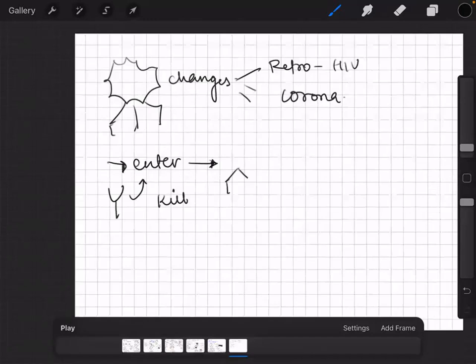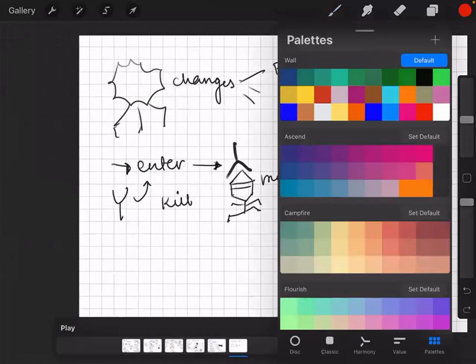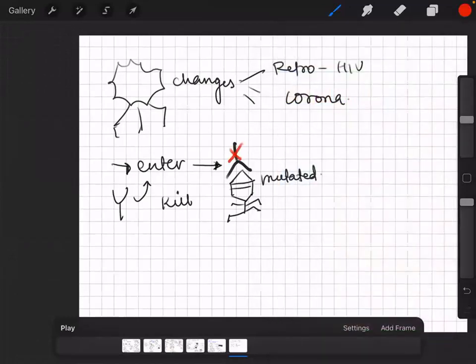And during that entire encounter, your body misses that other virus which also entered with it but was mutated. Because this was a mutated virus, tumhari body ke paas iska specific antibody nahi tha. So your body will kill the first type and the second type will escape because you did not have the matching antibody for it. And so it becomes very difficult for us to cure any viral infection.